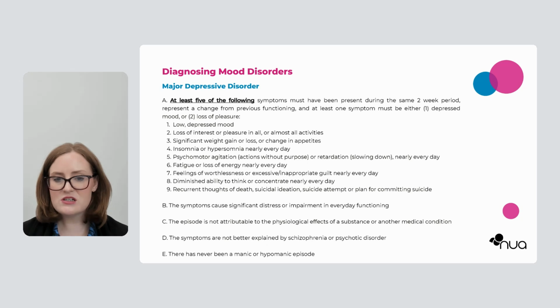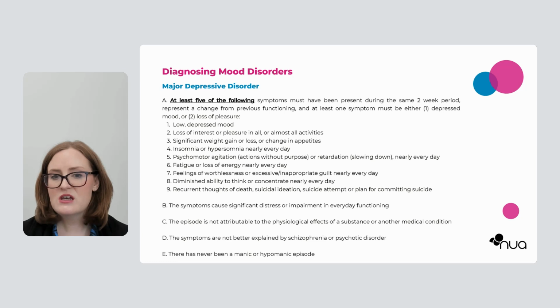The episode is not attributable to the physiological effects of a substance or another medication, and the symptoms are not better explained by schizophrenia or psychotic disorder. And there has never been a manic or hypomanic episode.